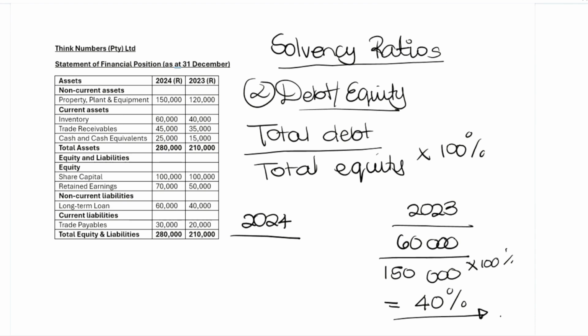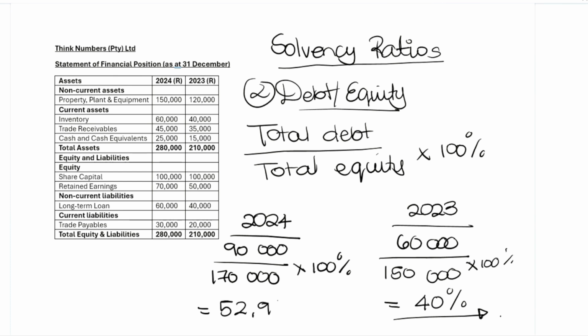Then we move to 2024, where we already know that total debt was calculated at 90,000, divided by my equity, which in 2024 was the 100,000 plus the 70,000, so 170,000. Multiply this by 100%, then you will see that in 2024, our debt equity ratio was 52.94%.